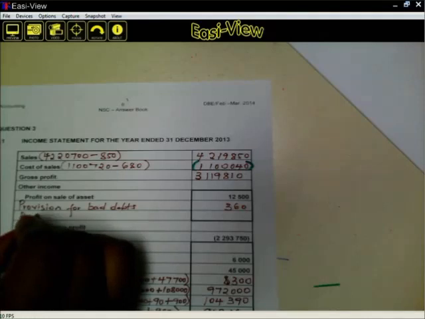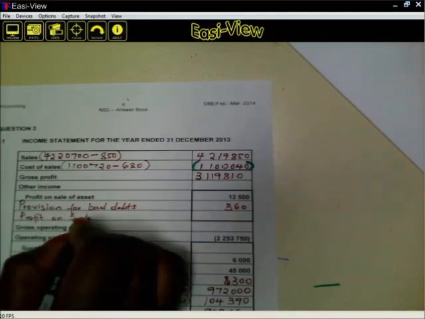So in this case you'll be having profit on sale of an asset. Under the incomes you'll have profit on sale of an asset as 12,500. Remember, you say your cost of the vehicle minus the accumulated depreciation, minus the selling price.